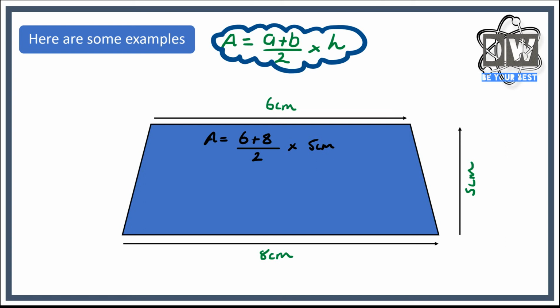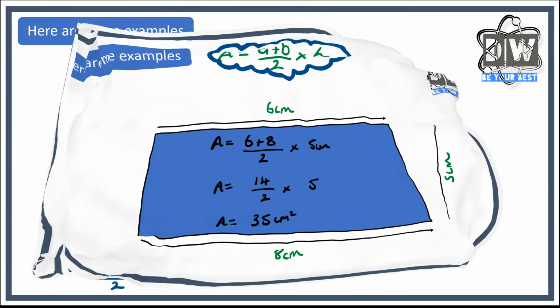Now, if you didn't know that, or if you've forgotten that, then you could always pause the video at the moment and then go from here before I reveal the rest of the answer. Hopefully you've done it all anyway and it's all happy days, but if not, then pause the video here and give it a go on your own. If you've already done it, then the answers are area is 14 divided by 2, obviously, because we add these together, and then we end up with 7 times 5, which is 35 centimetres squared.